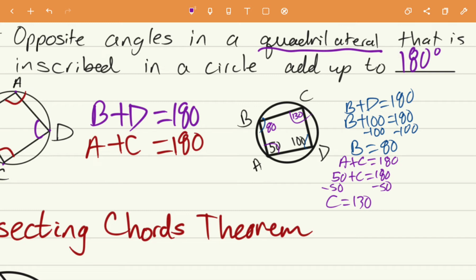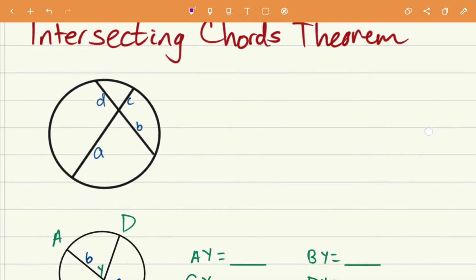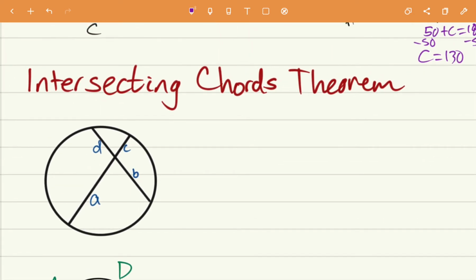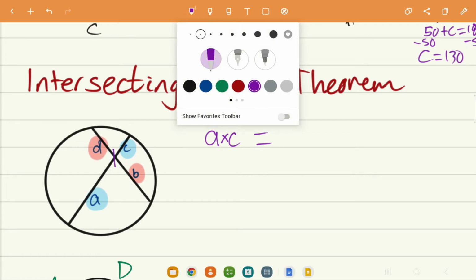Now let's look at the intersecting chords theorem. This is a fun one. So we have our circle here, and notice that the chords in the circle do not line up in the middle. So we have two chords. They have this funny little relationship, where if we multiply the two parts of the chord, so in this case A times C, that is equal to the other parts of the other split chord being multiplied together.